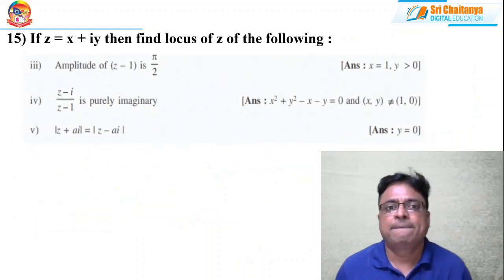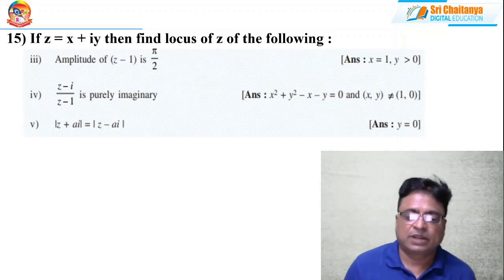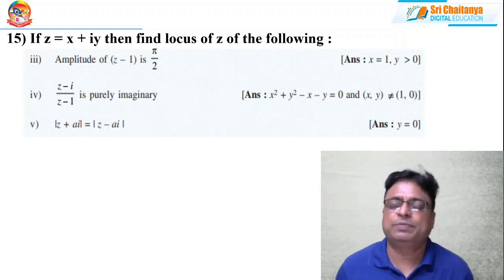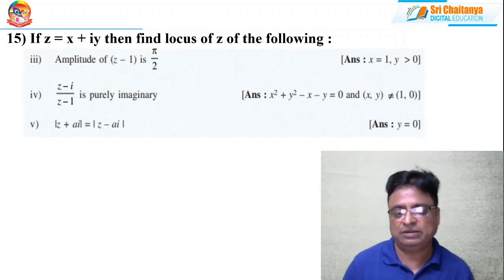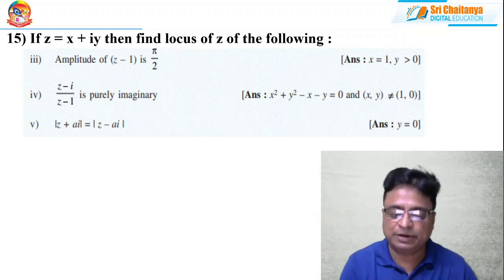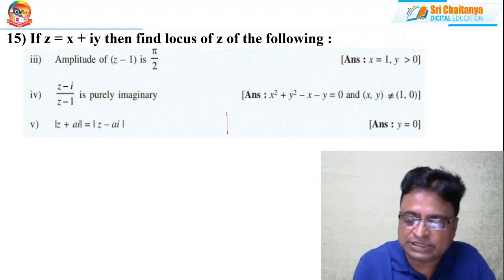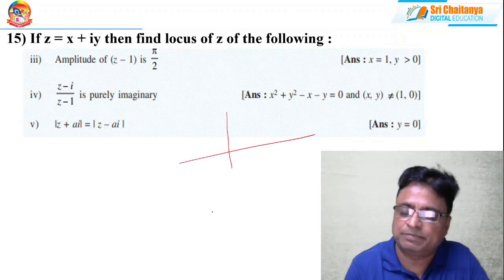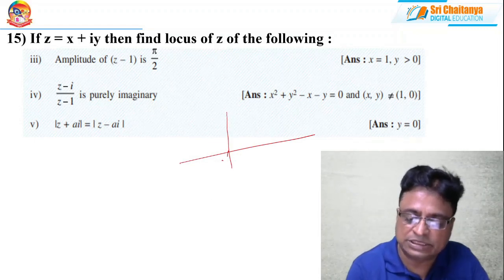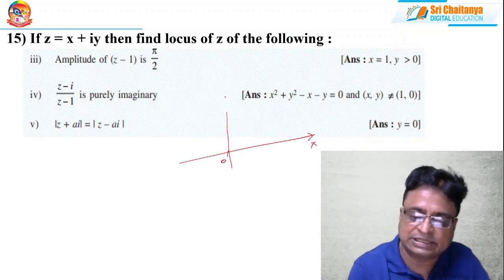Okay, now coming to the next one. Same thing: amplitude of z minus 1 is equal to pi by 2. What does it mean? Suppose this is the coordinate plane, the origin, this is the x-axis, this is the y-axis.